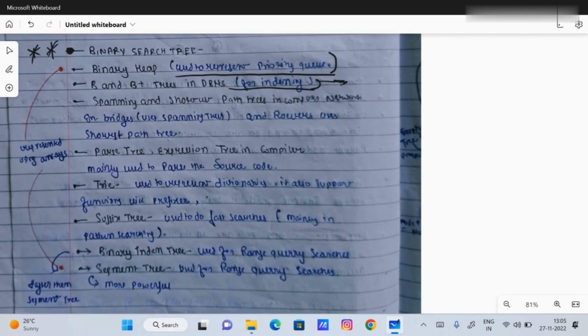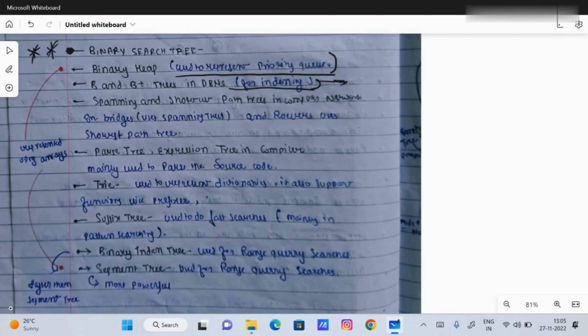Means while we are creating a database and we are storing our data in it, at that time we are mainly doing indexing, and this indexing could be done with the help of B and B plus trees. Thereafter, spanning and shortest path trees in computer network. Like we have networking system.